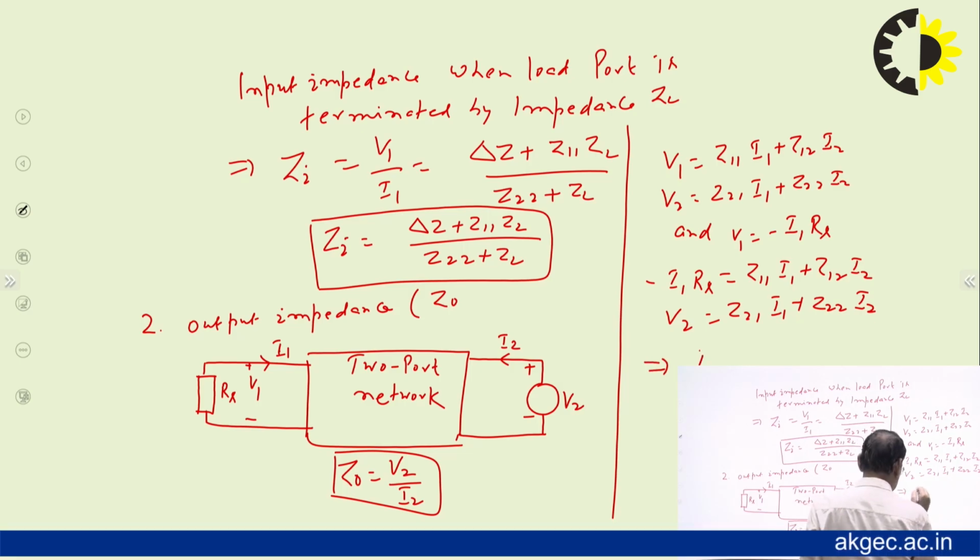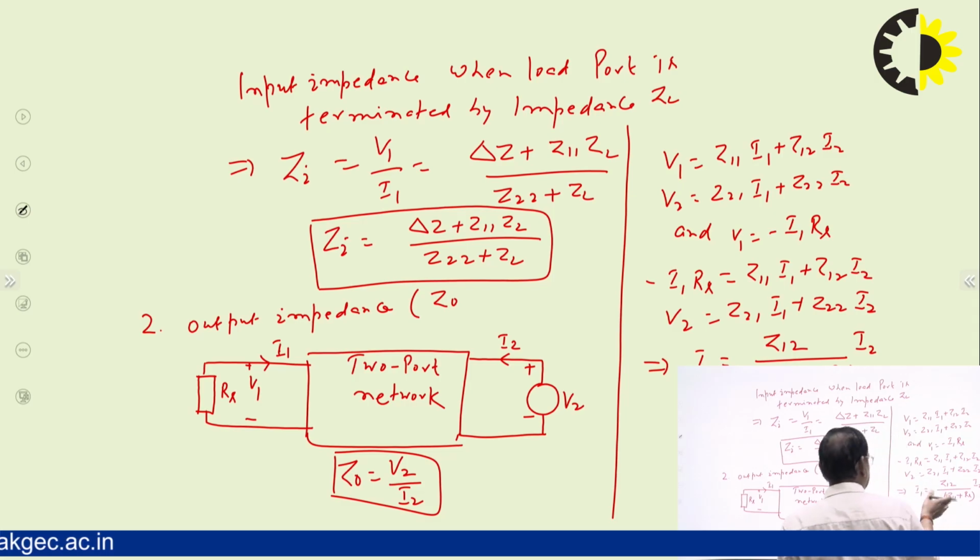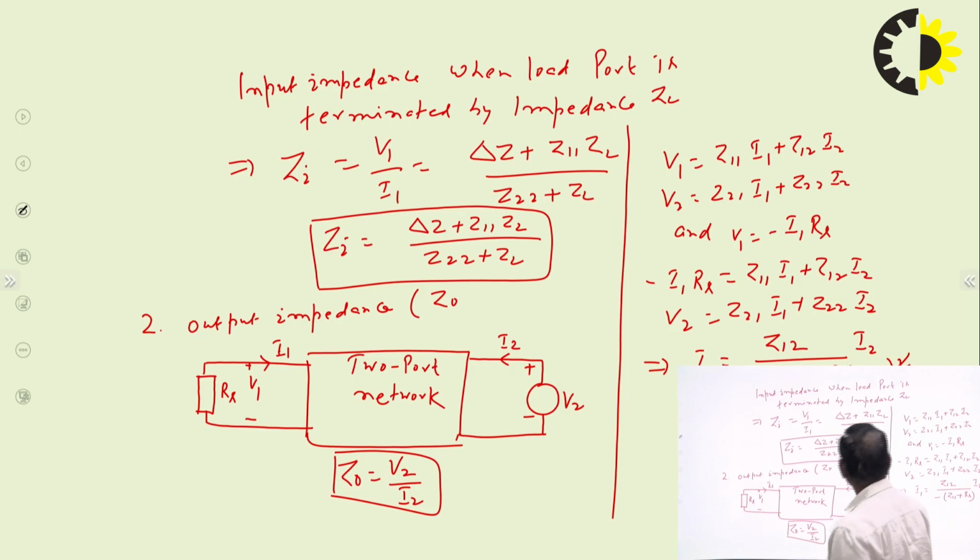If we simplify, I am writing directly, we can check, I1 is coming minus Z12 upon Z11 plus Rs into I2. So we put this expression in place of I1 and go for V2 upon I2, we get Z0.